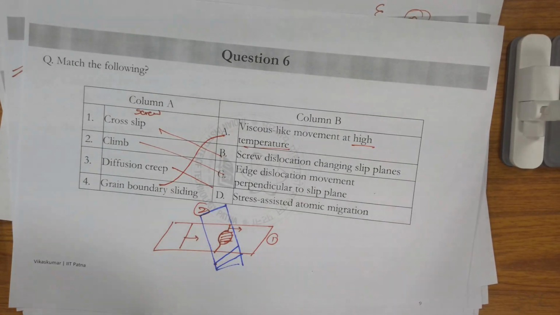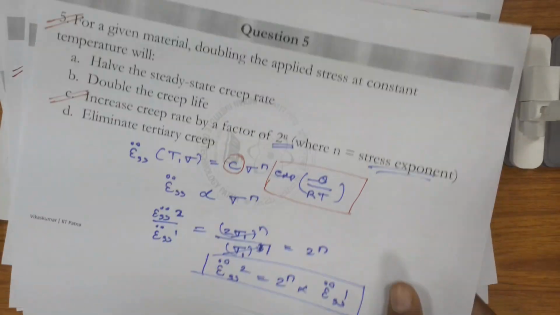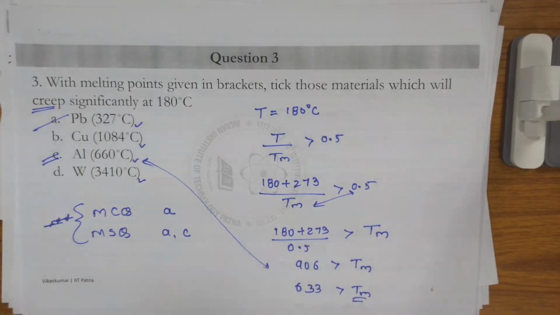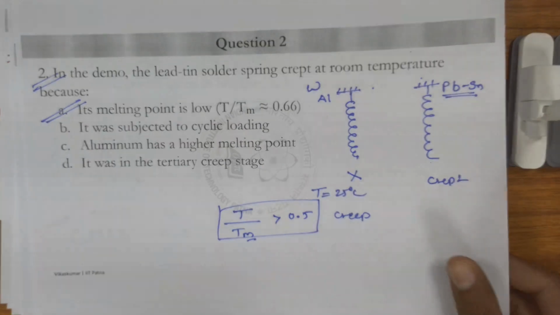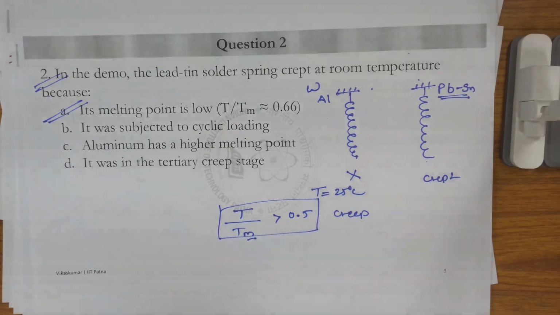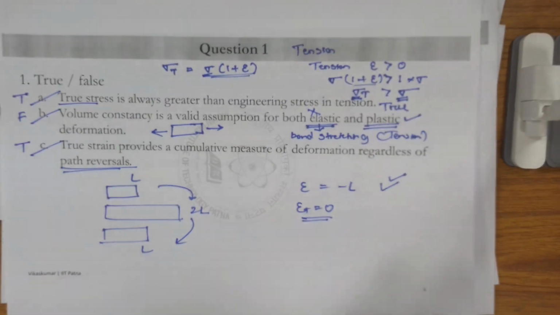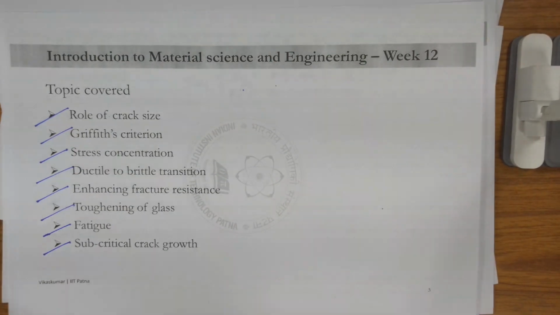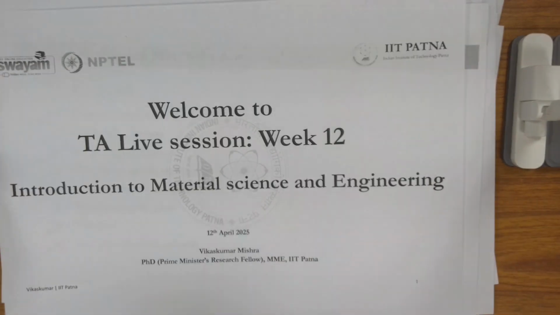Cross slip and diffusion, like the creep mechanism, we talked about. Creep life we talked about, and at what temperature creep is going to happen under what condition. And then we talked about how lead solder got creep at room temperature and the other did not. These are the list of the content that has been covered in this particular week. So with that, we are done with week 12.